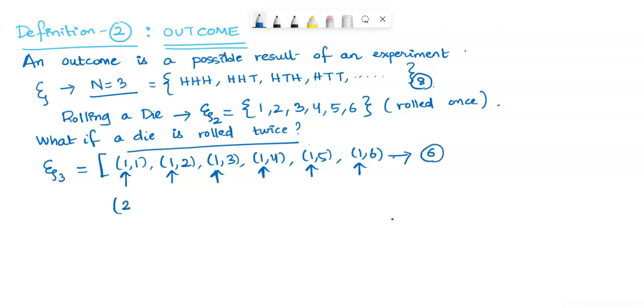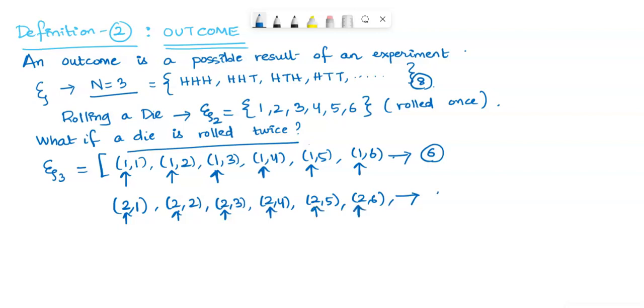Then we fix the outcome at first instant as 2, and similarly vary as previous: 2,2, 2,3, 2,4, 2,5, 2,6. Across this row also, where we have fixed at the first instant the outcome to be 2, we have another 6 outcomes.